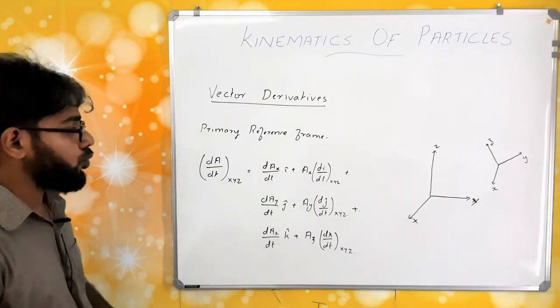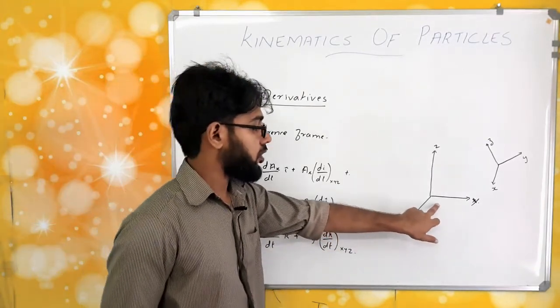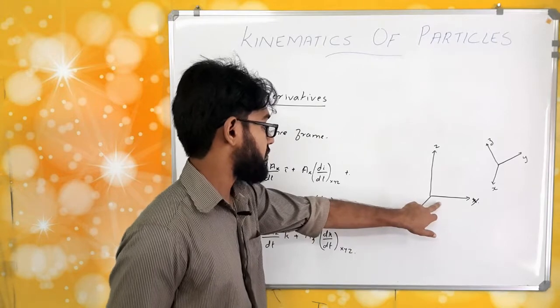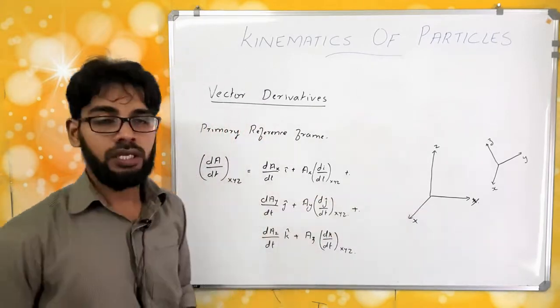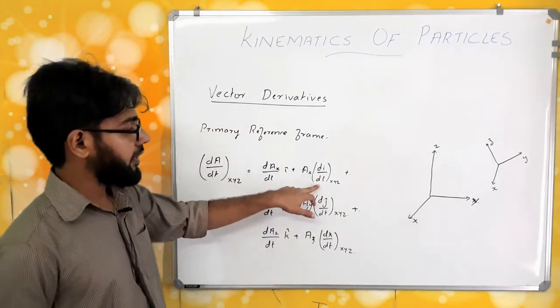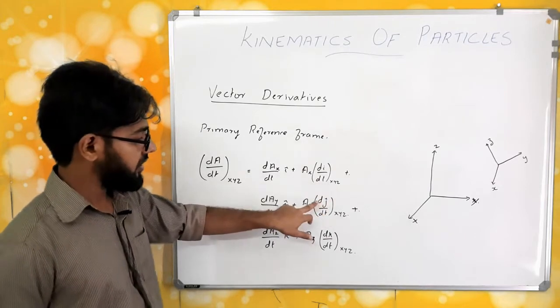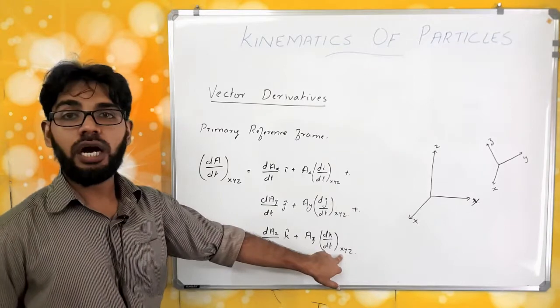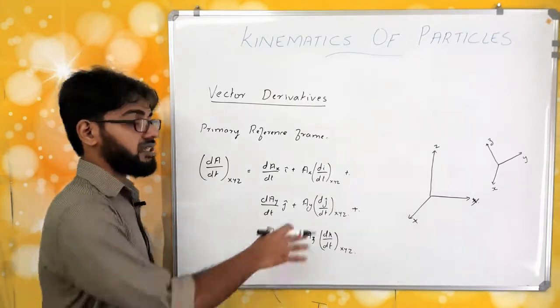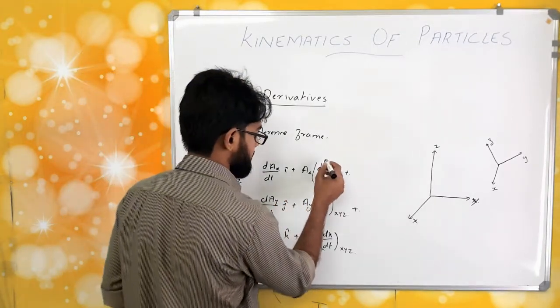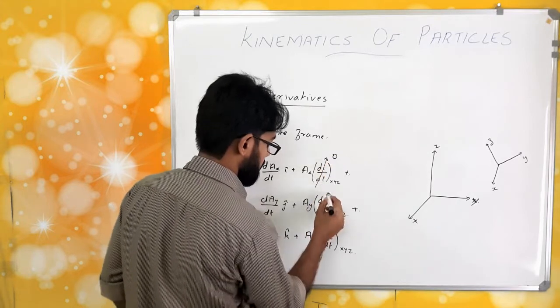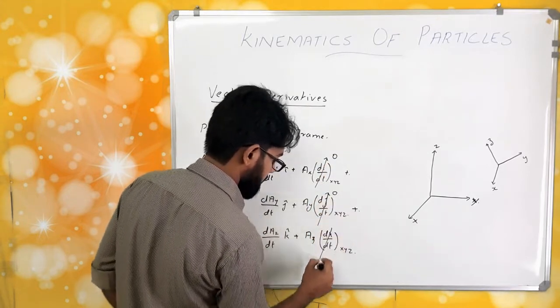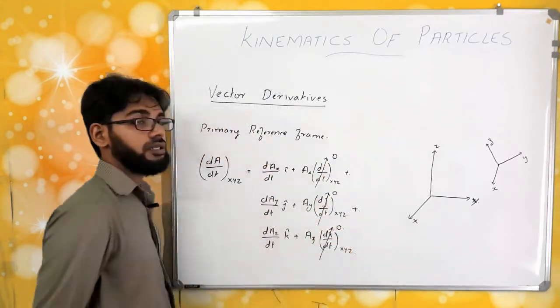Now, if you look closely, this corresponding primary inertial frame of reference is fixed. So here di by dt, dj by dt and dk by dt in XYZ will all turn out to be 0, since they are not rotating and they are fixed. So this will be 0, this will be 0 and this will be 0.